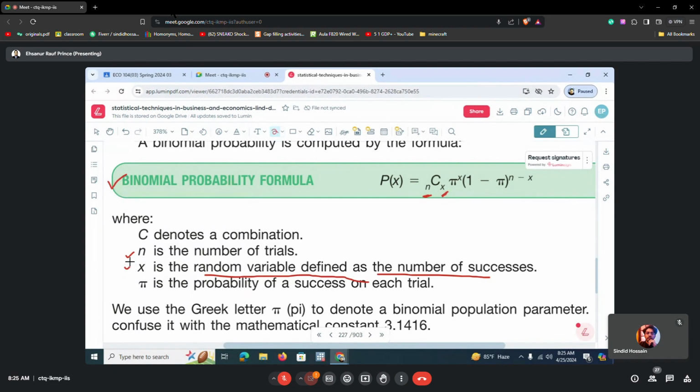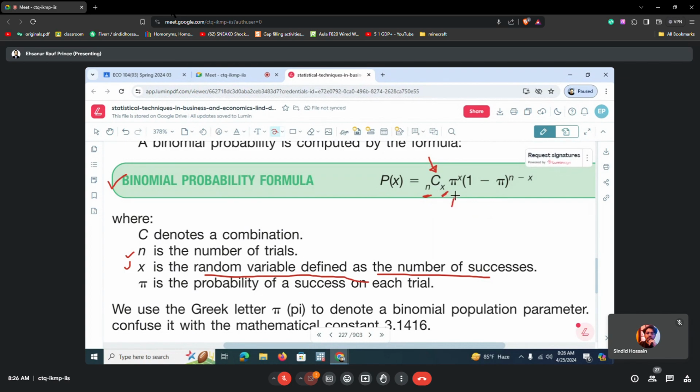X is representing the random variable defined as the number of successes. So n means the number of trials, x means the number of successes, and C denotes the combination, which we covered in term 2.